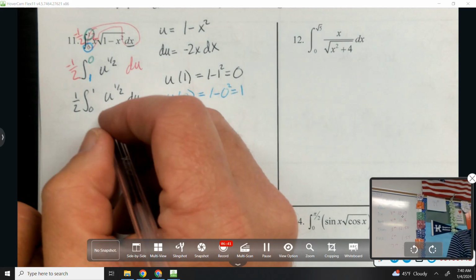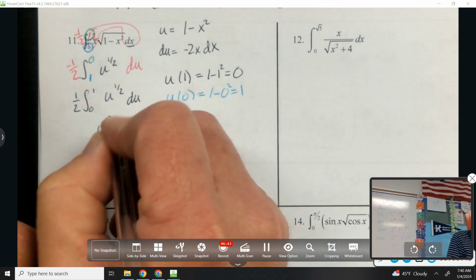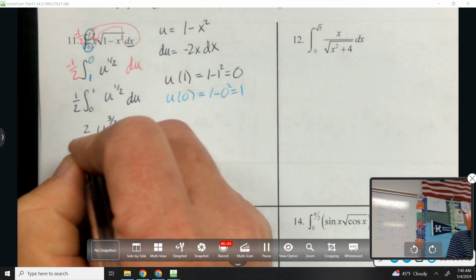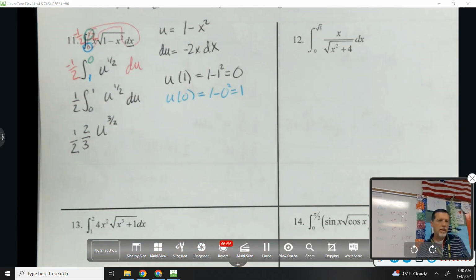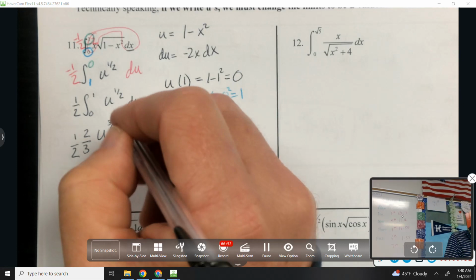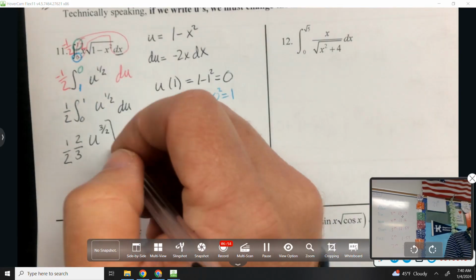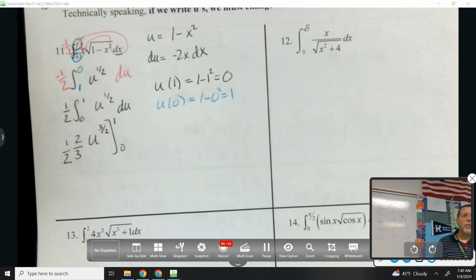And then increase the power by 1, divide by the new power. Don't forget the 1/2 that's still out there. And then I don't have to put it back in terms of x because I have limits with u. So I'm going to keep working this as a u problem.